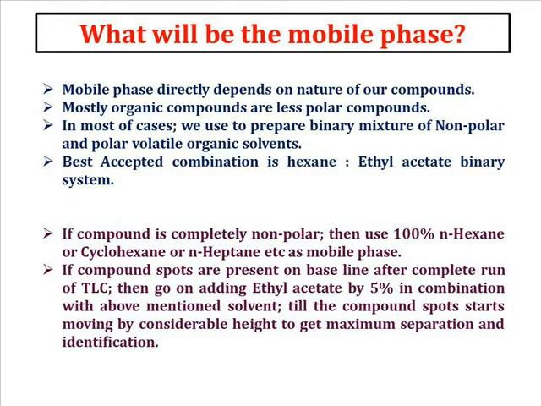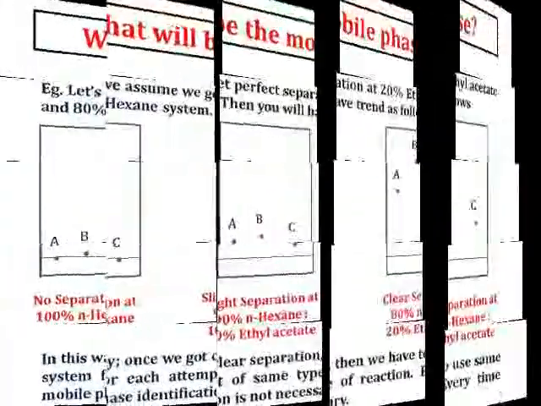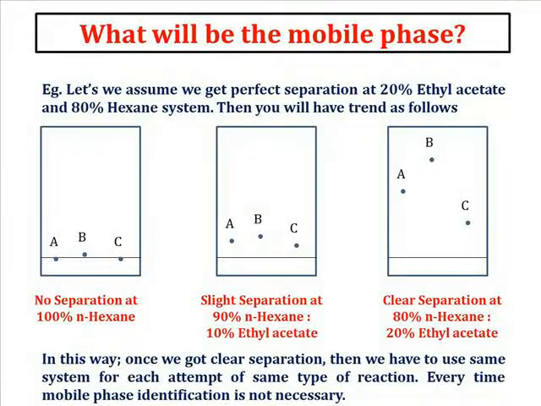So how do we find the appropriate mobile phase for our compound in the TLC technique? First run the compound in 100% n-hexane or cyclohexane or petroleum ether, and see if the spots are moving upward or not.